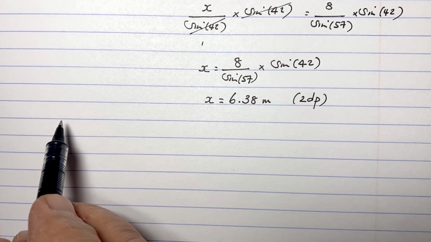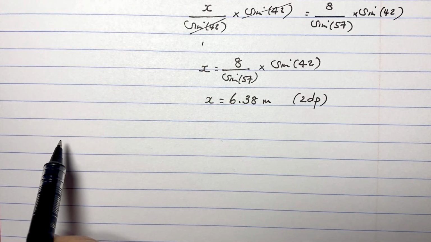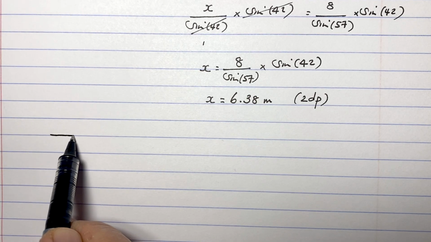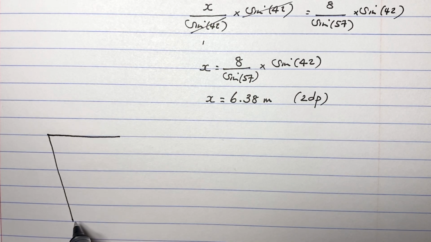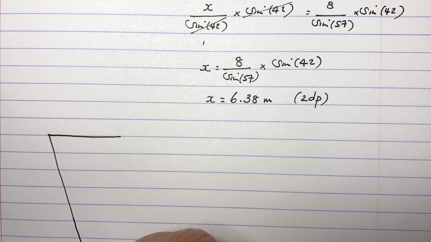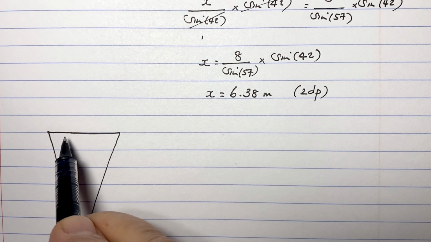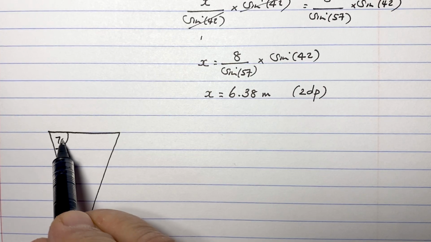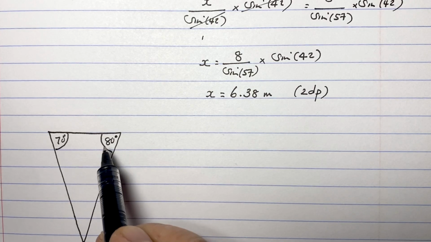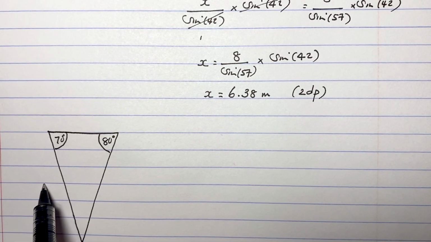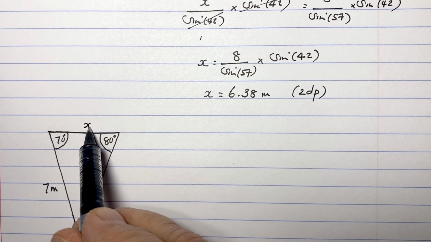Let's have another example on sine rule, trying to find a side. The question I've got here: I'm given that this angle is 70 degrees, this angle is 80, this length here is 7 meters, and they've asked me to find this length here x.